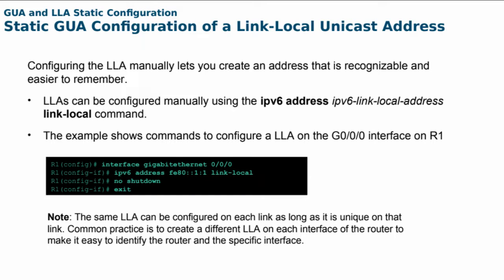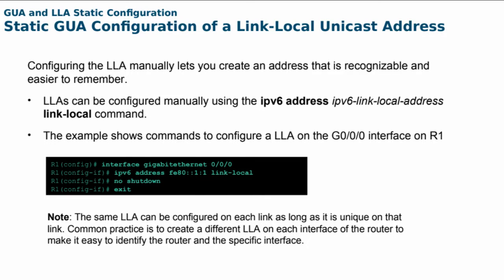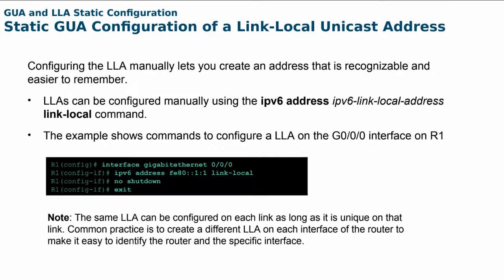Static configuration of a link local unicast address. So you can configure the LLA manually, and this lets you create an address that is recognizable and easier to remember. LLA can be configured manually using the IPv6 address command, and this is the command, IPv6 address and then link-local at the end, all right?